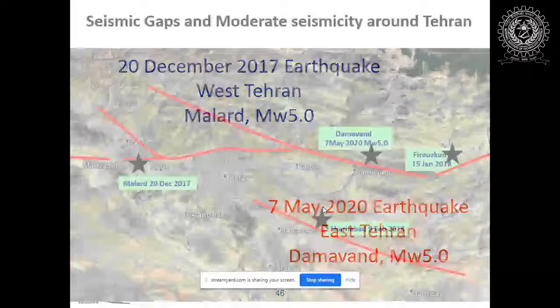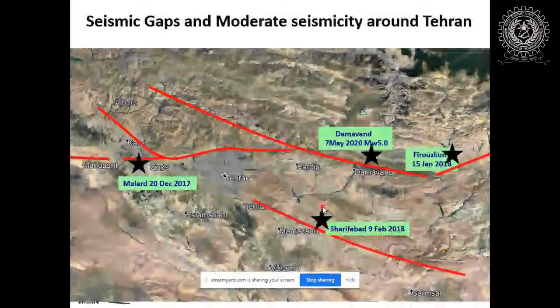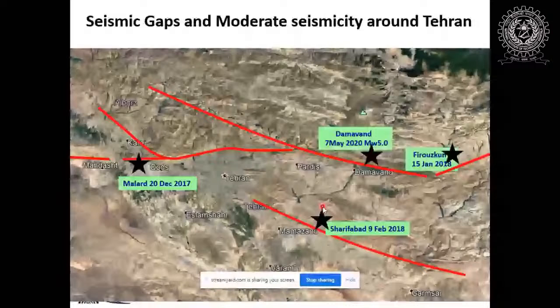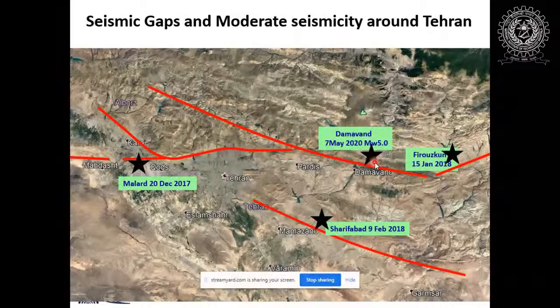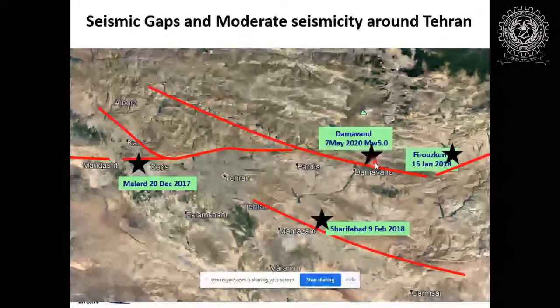This is the view of the events occurring since 20th of December 2017 around Tehran, in the west of Tehran in the Malard earthquake, toward the east of Tehran in Damavand on the 7th of May 2020.